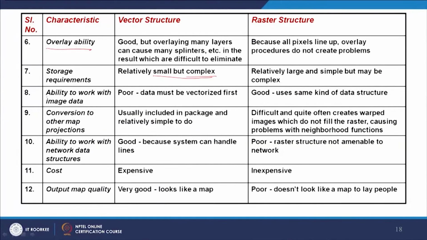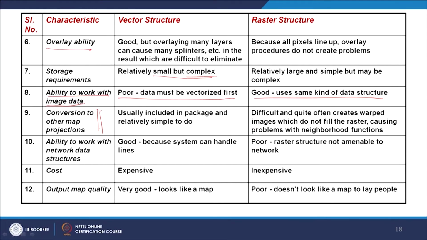Now, ability to work with image data. Of course, an image is one type of raster, so it is fully compatible with raster, but in case of vector it is very poor. Next, conversion to other map projections. As you know, each country has its own map projection, because everyone would like to represent their country in true shape and size.